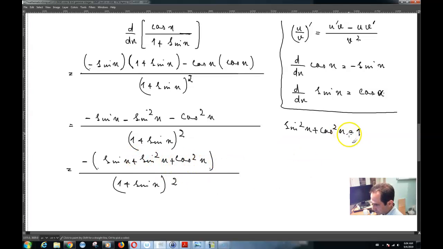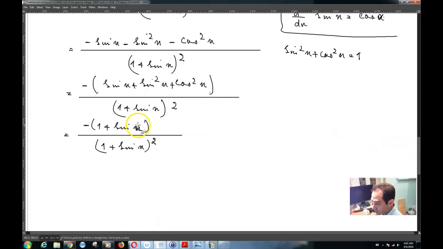So that's 1 plus sine x, of course, the negative of that. And here you have 1 plus sine x whole squared.